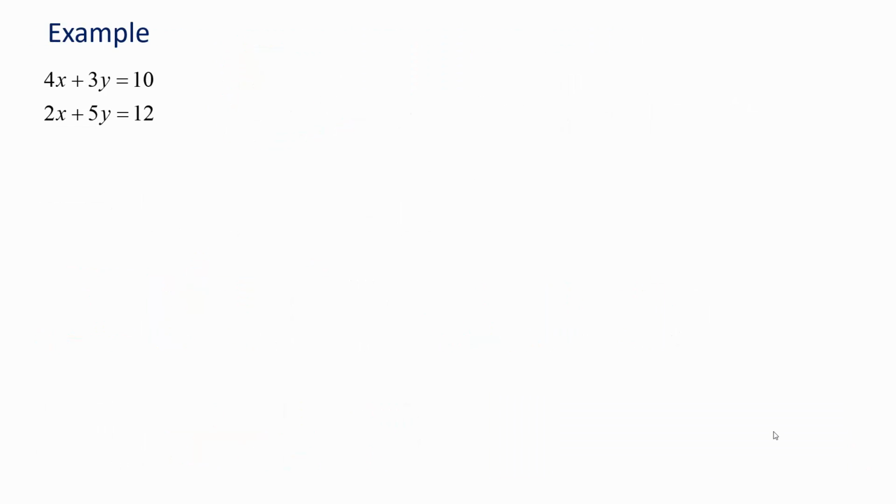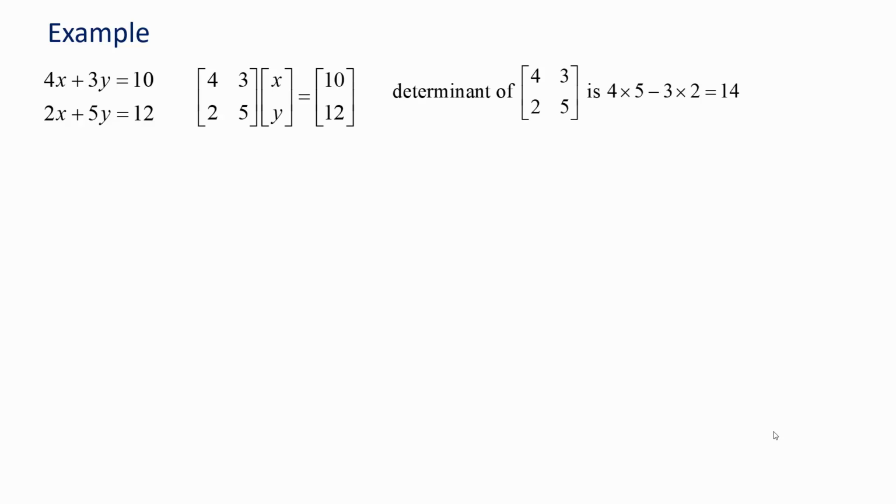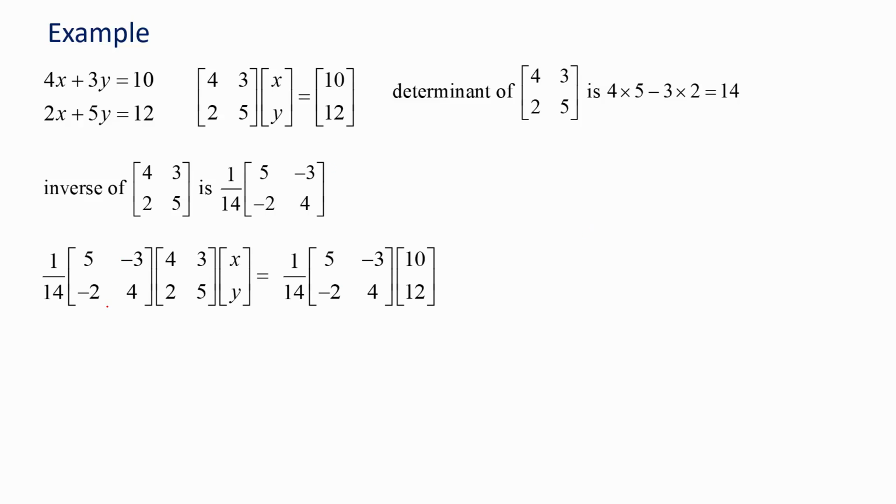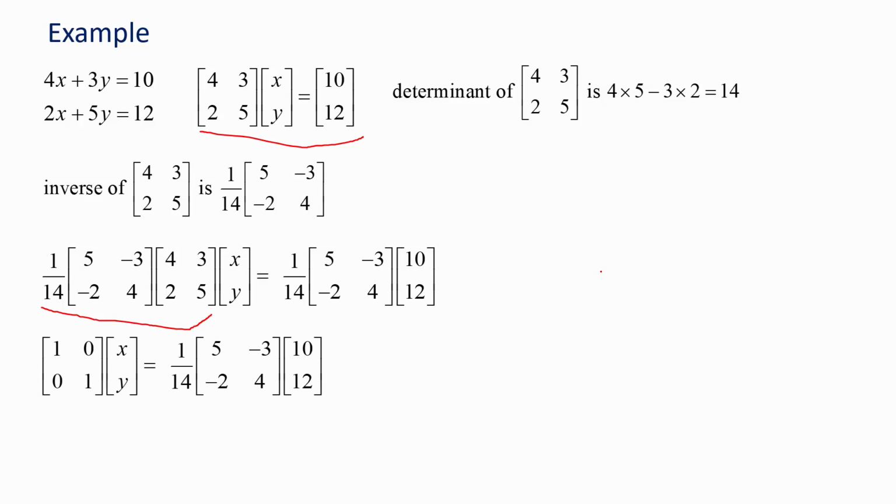Alright, let's apply that with actual values. First of all, write the simultaneous equations in matrix form. Find the determinant of A, which is 14. Work out the inverse of A, which is 1 over 14 times the matrix there. Now pre-multiply our original matrix by the inverse of matrix A. And of course we can replace all of that by the identity matrix, like that.